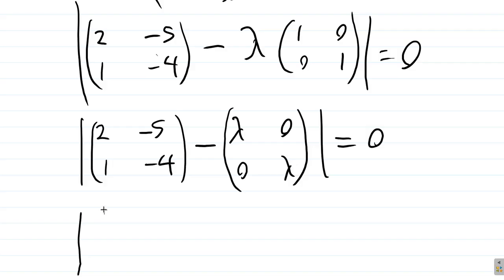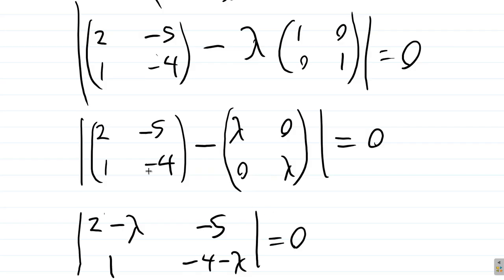When you subtract matrices, you subtract corresponding elements. Row 1, column 1 minus row 1, column 1, that's 2 minus lambda. Then negative 5 minus 0 is just negative 5. 1 minus 0 is just 1. And then negative 4 minus lambda. The determinant of that equals 0.